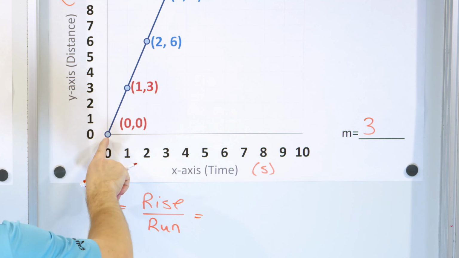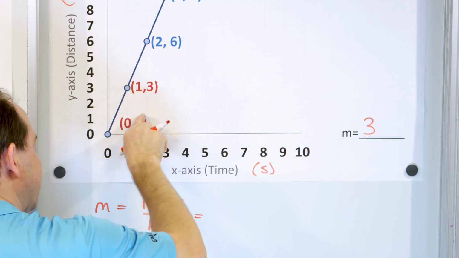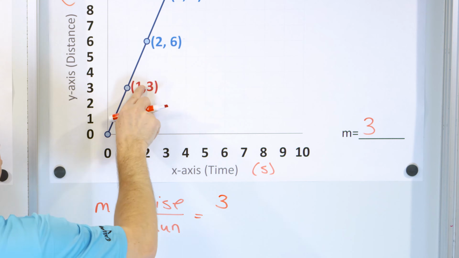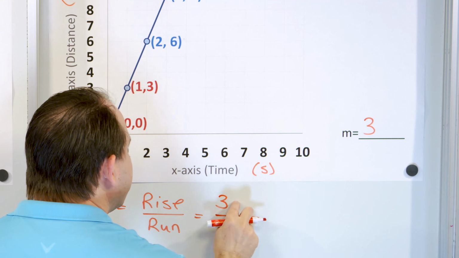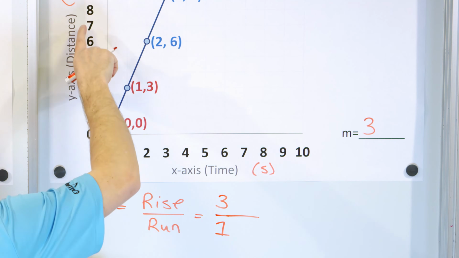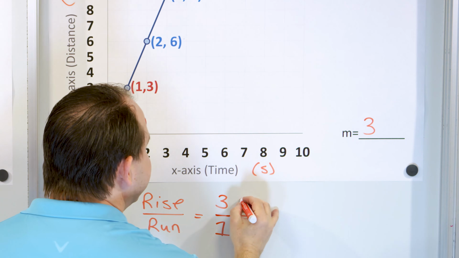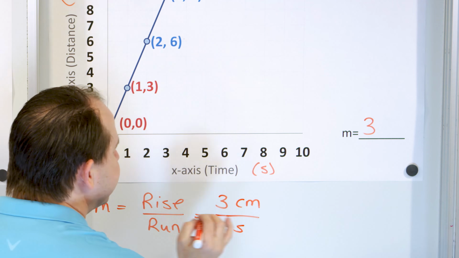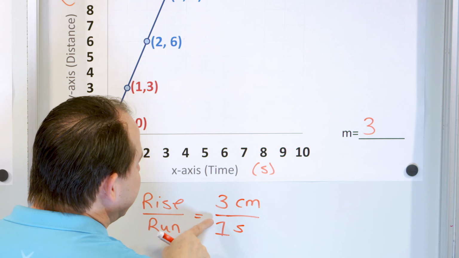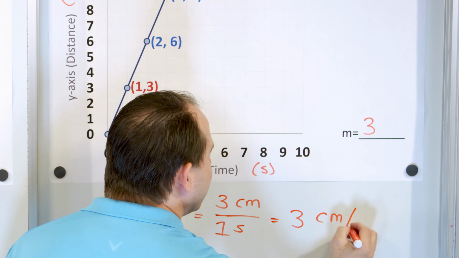When we did the rise, we figured out that it rises 3 units up, because we subtracted 3 minus 0, and then it was 1 minus 0 on the bottom for the run. But when we subtracted the 3, we were subtracting centimeters. So it was 3 minus 0 centimeters. So this thing traveled 3 centimeters up for every 1 second to the right. So when we take 3 divided by 1, we get 3, but the units left over are centimeters per second.